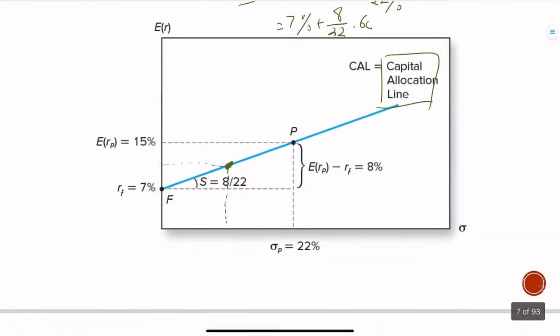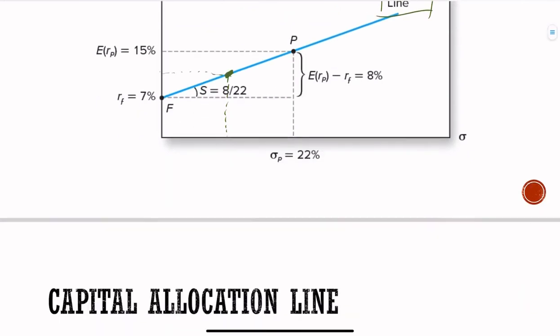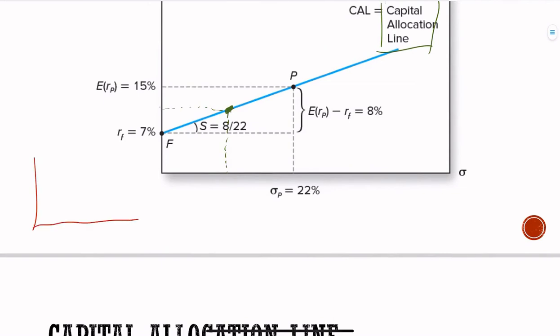Another thing you can see is that the capital allocation line can be uniquely determined by the risk-free rate and the Sharpe ratio, right? So basically, let's say if you tell me the risk-free rate is 5%, then I would pick this point.